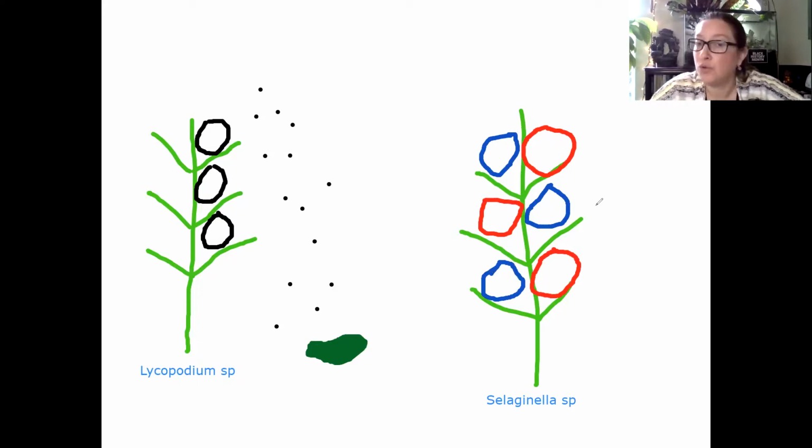Let's say the blue sporangia are microsporangia, meaning they're going to make microspores. Here they go, flying out, right? Even if you look at the microsporangia itself under the microscope, you can see all the spores in there, all the microspores, and they're little and small. But anyways, here they go, they're flying out.